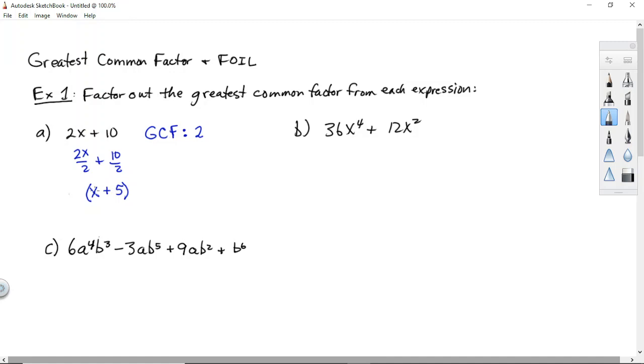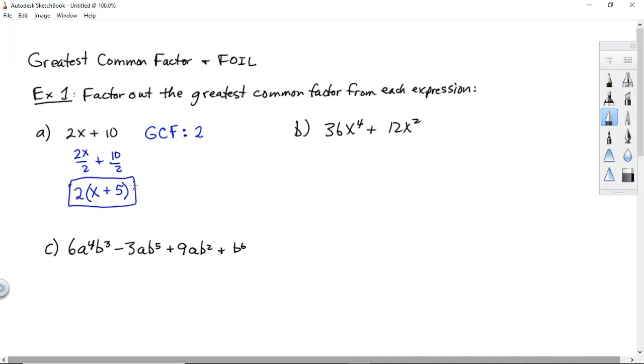That shows what's left when we factor out the 2. But of course we have to write down the 2 as well, and now we've factored this into a product: 2 times quantity x plus 5. And that is our answer. We've factored out the greatest common factor.